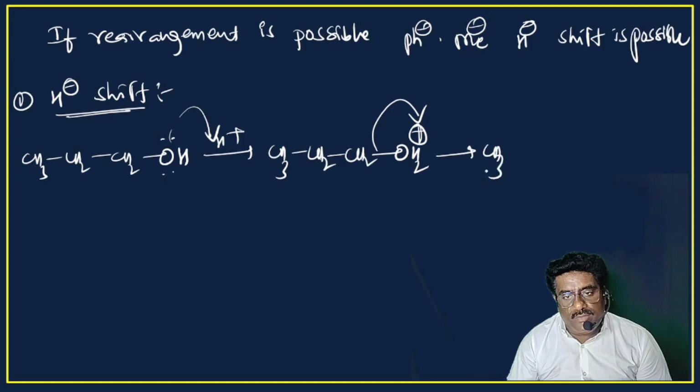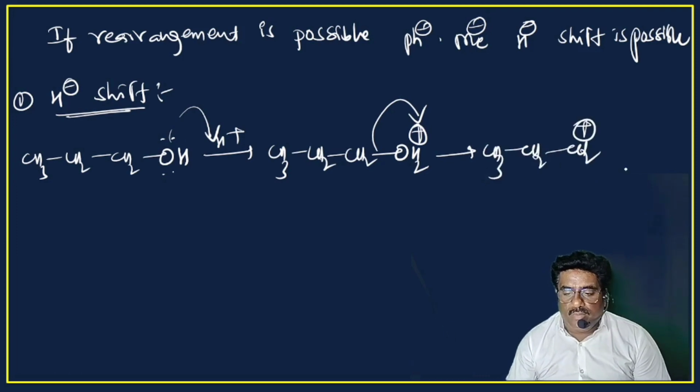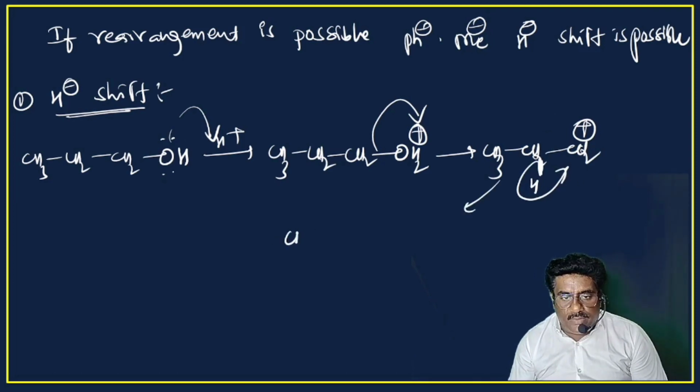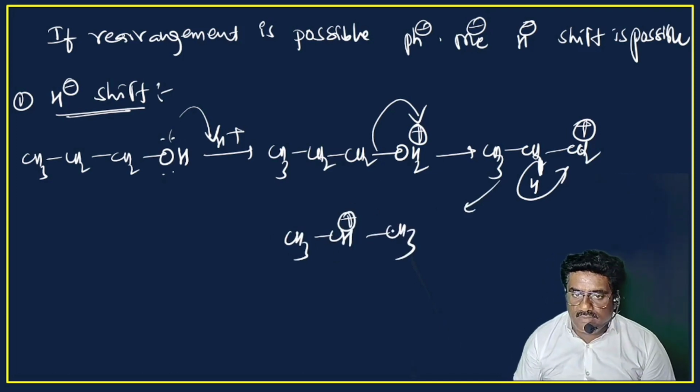Eliminated, it forms CH3CH2CH2 plus. Here two alpha hydrogens are there. This hydrogen is shifted. It is primary. Now coming to the form CH3, CH plus, CH3. It is secondary, and it is more stable.